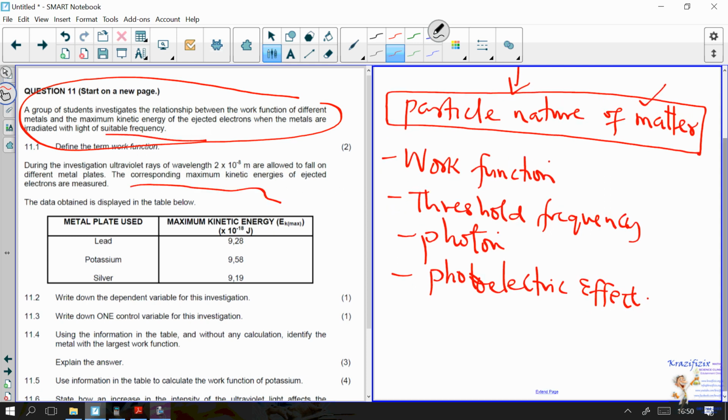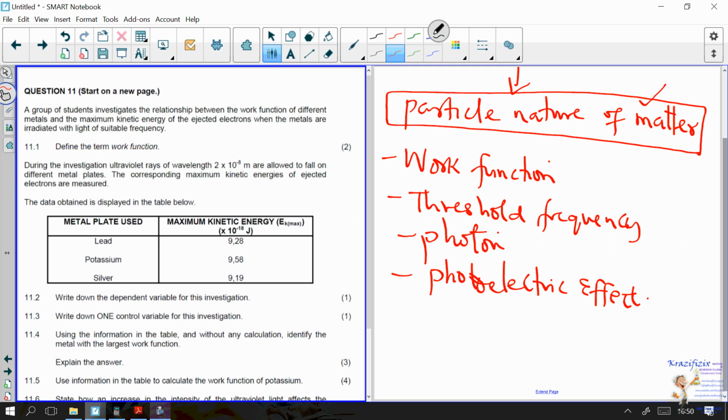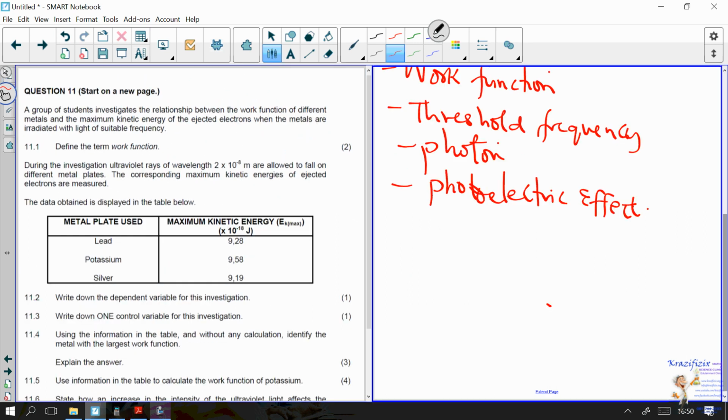Define the term work function. What is work function?